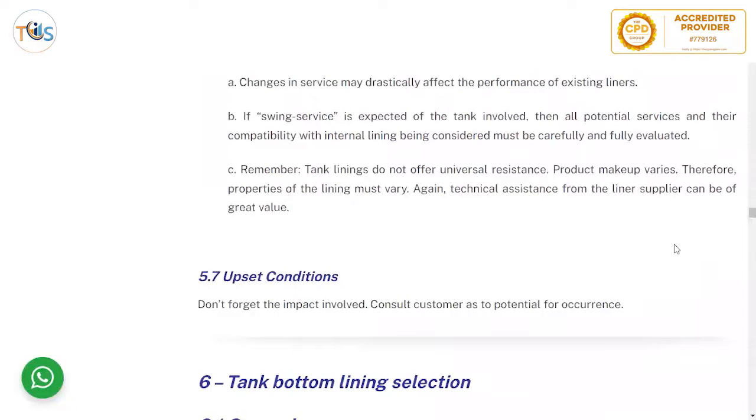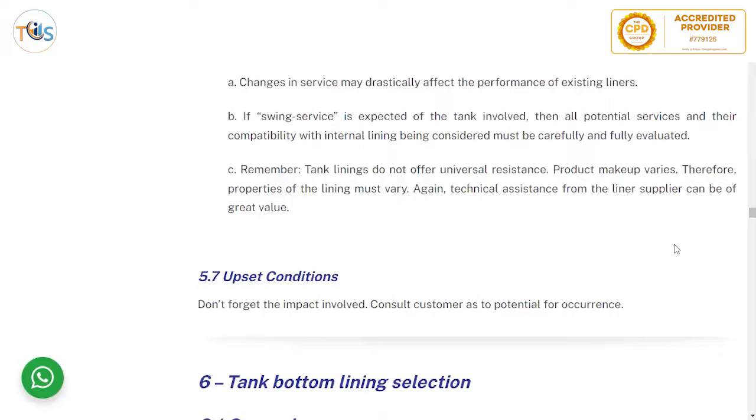Flexibility for service change. Changes in service may drastically affect the performance of existing liners. If swing service is expected of the tank involved, then all potential services and their compatibility with the internal lining being considered must be carefully and fully evaluated. Remember, tank linings do not offer universal resistance.